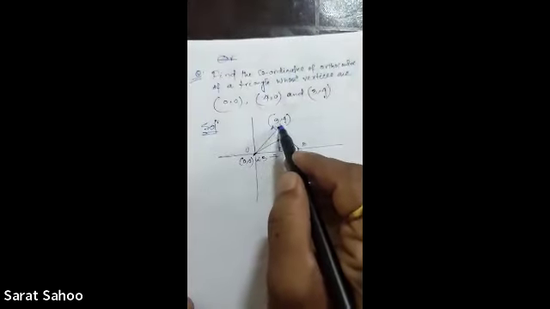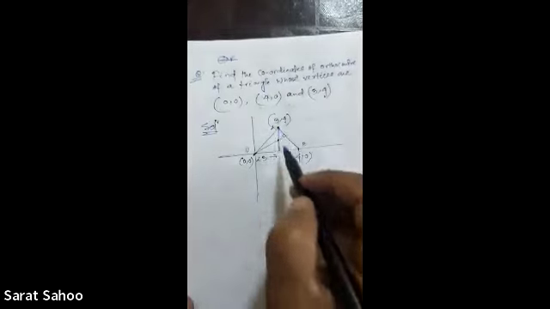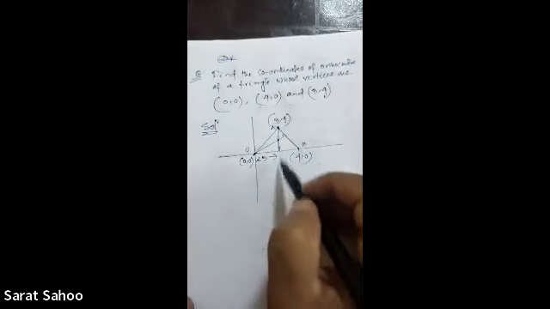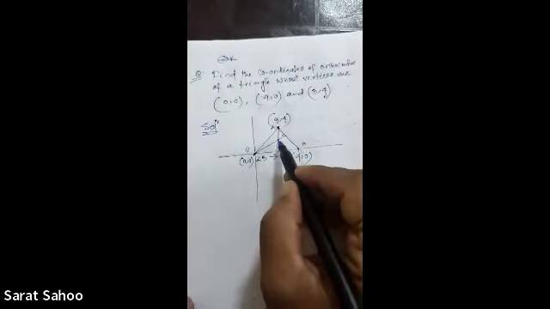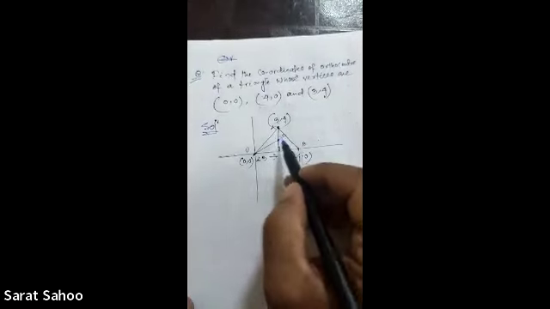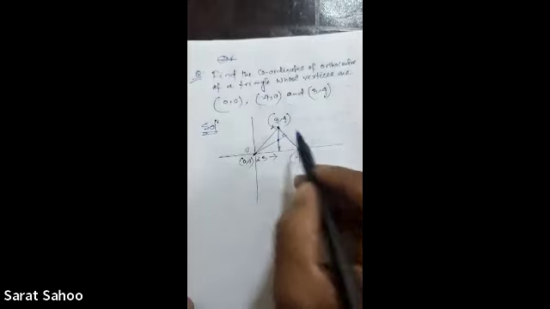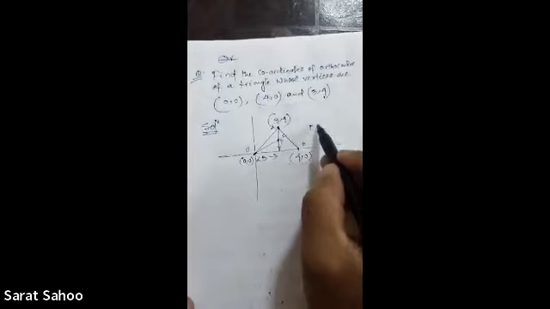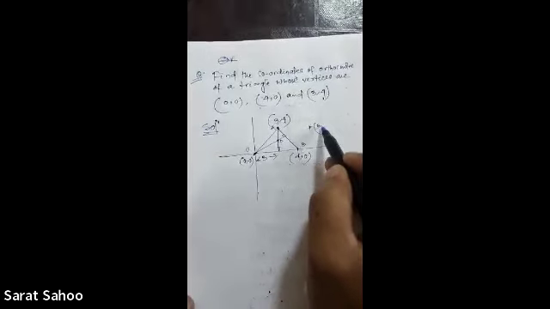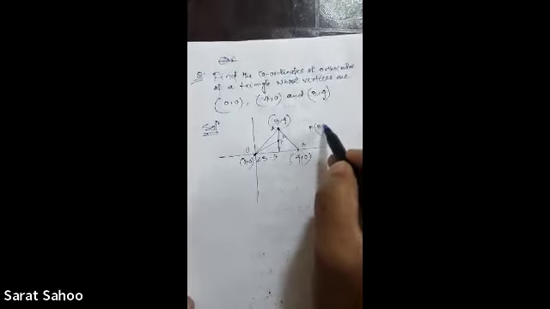Since the coordinates of point A are 3, 4, any point on this line has x coordinate 3. So x coordinate of orthocenter is 3. Let the y coordinate be y. This is suppose point P. I'm writing it separately. So coordinates of point P are 3, y.